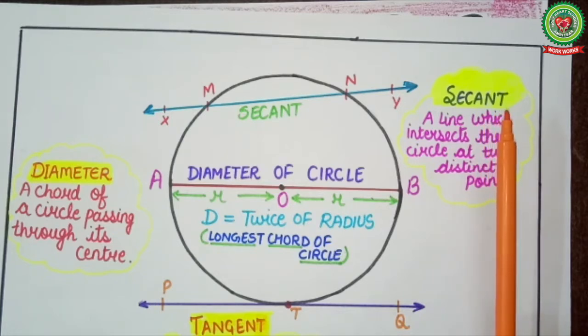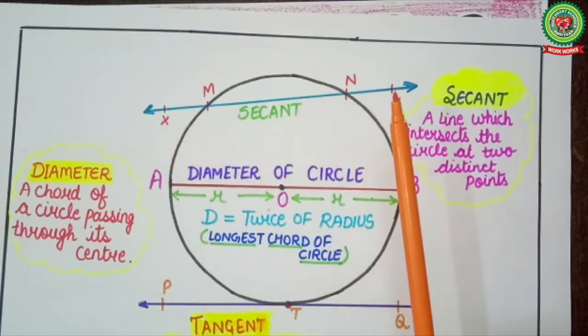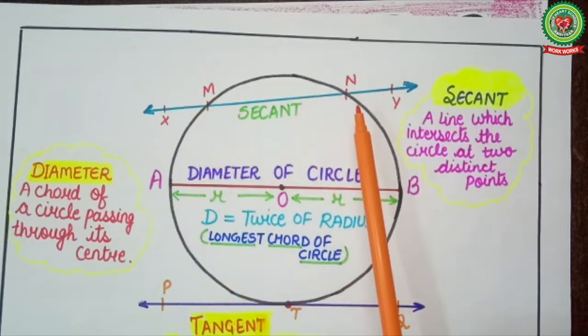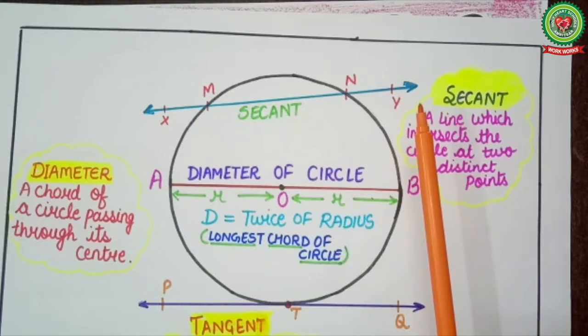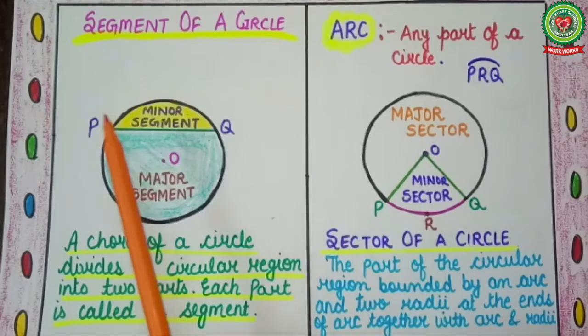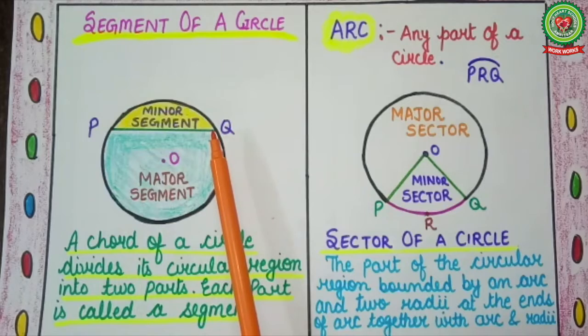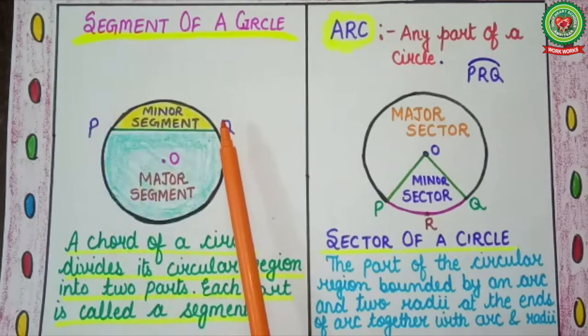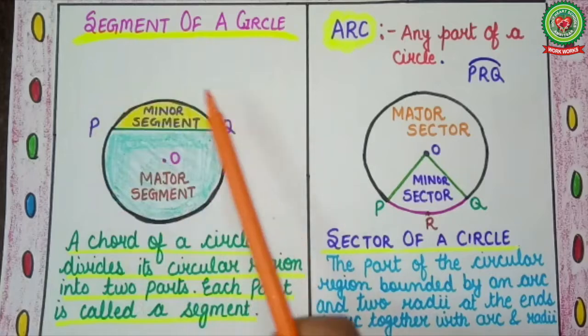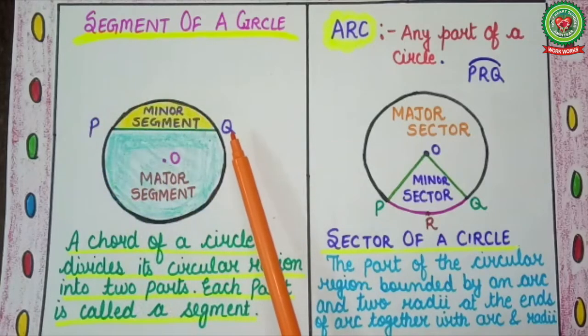As you can see, this line XY is cutting the circle at points M and N. Therefore, it is a secant. A line segment whose end points lie on a circle is known as a chord. So in this circle, PQ is a chord.